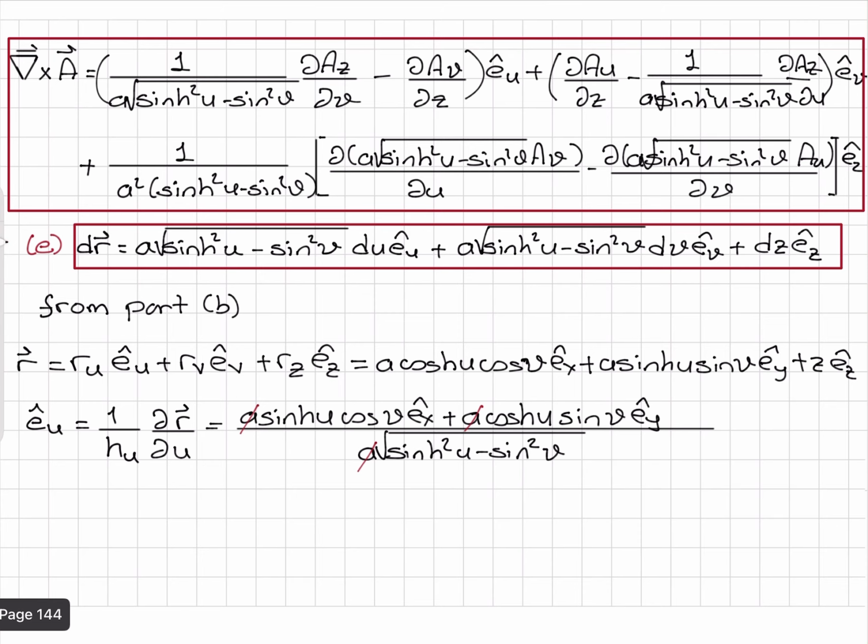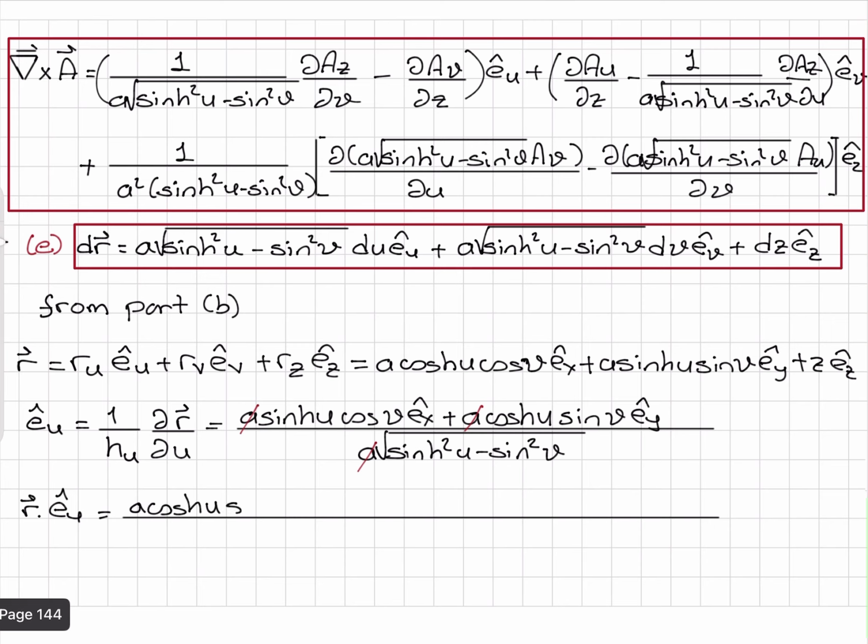Now, what is r dot e_u hat, which is r_u? It's going to be this multiplied by this, so the product of the e_x hat prefactors, so it's going to be a cosh u sinh u cos squared v plus, for the e_y hat direction, the product of these two.